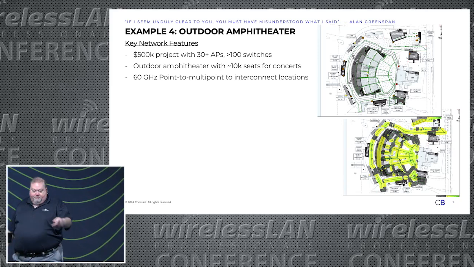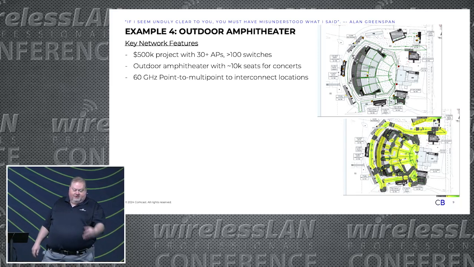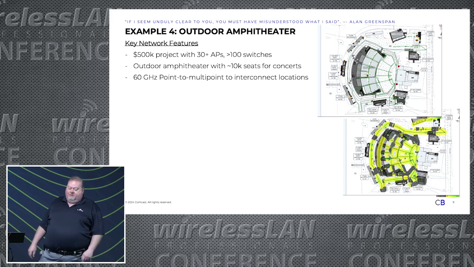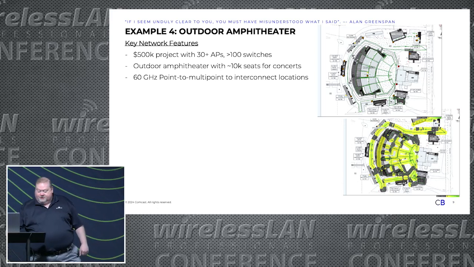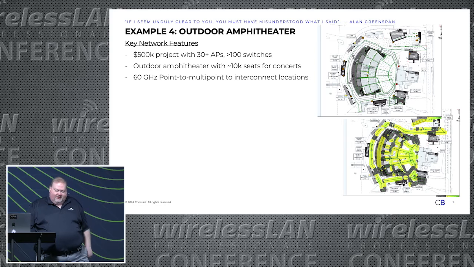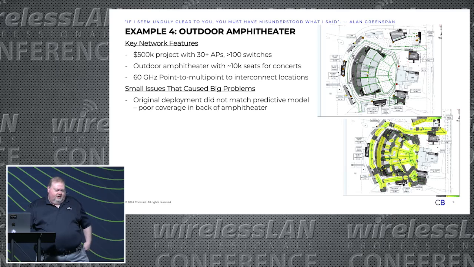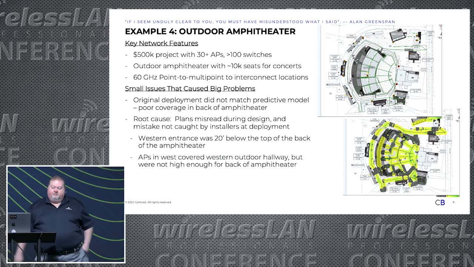We had a problem where you could see on the heat map at the bottom that the back half of the amphitheater really wasn't getting very good coverage, even though we had APs all along that left side. Turns out they misread the plans.